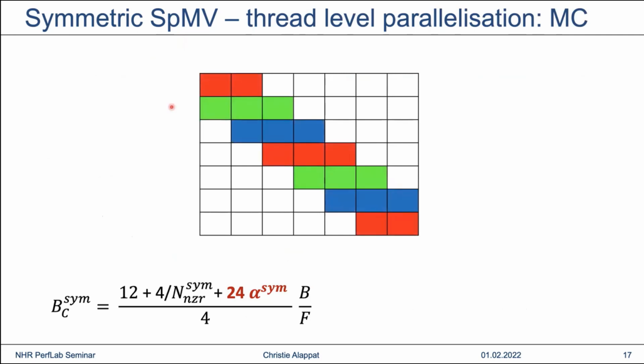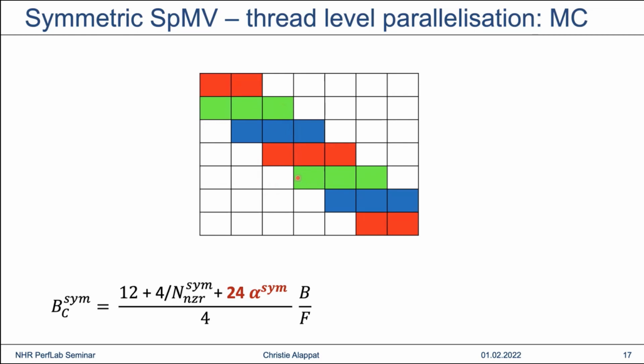If we concentrate on the green colored rows, the second row is the first green colored row, and the second green colored row is the fifth row. The first row has column indices 1, 2, and 3. But in the second green colored row, we do not have any column indices in 1, 2, and 3. So it has only 4, 5, 6. This means these do not have any same column indices.